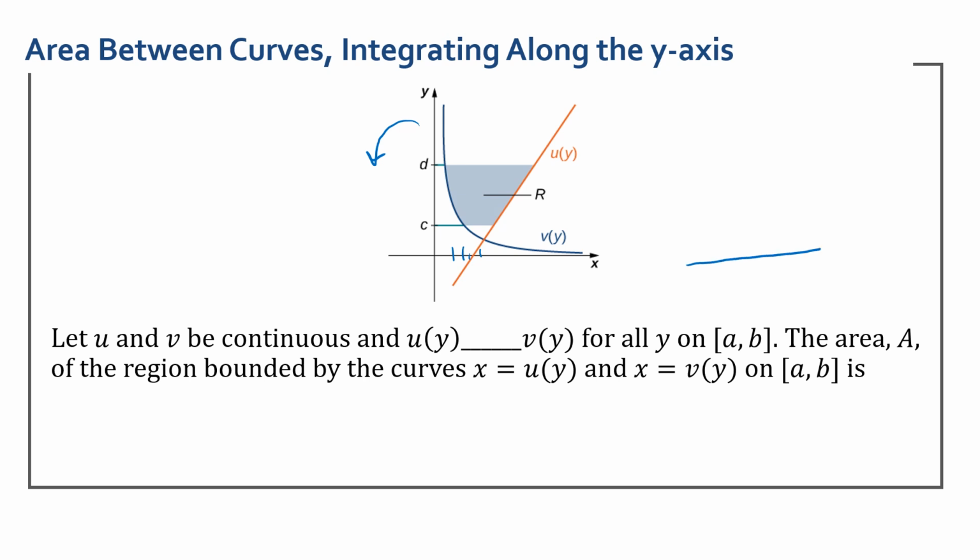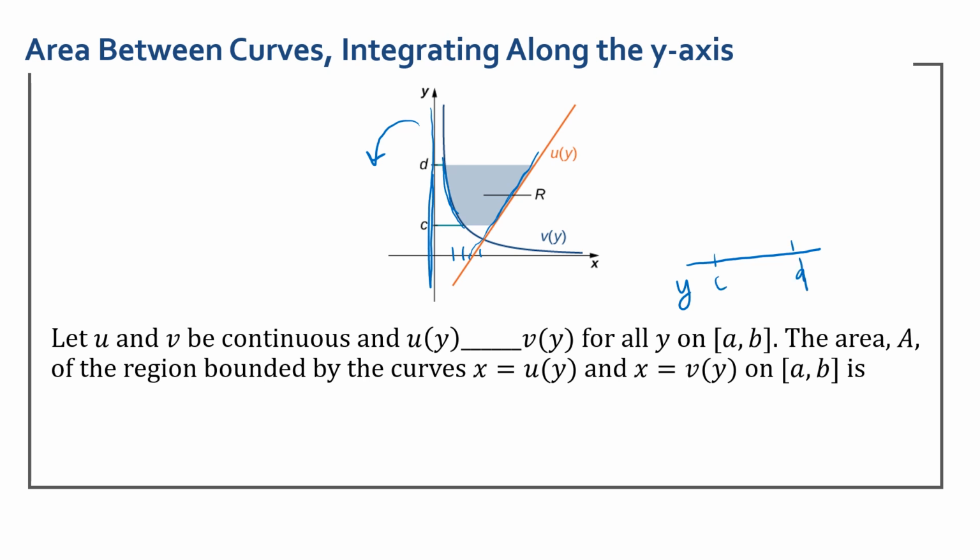So if we're looking at it from the y-axis, kind of having that on the bottom, you can see now we have a designated top function of u of y and we have a designated bottom function of v of y. I'm going to just give you a visual of that. Again, it's not accurate because the y-axis is not the vertical axis.